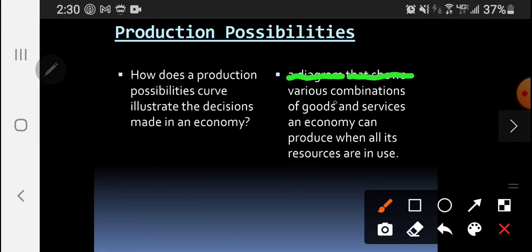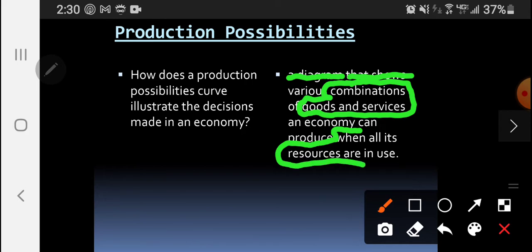What's most important here is we're dealing with the topics, the combination of goods and services, that an economy can produce when all its resources are in use. This is what I would include on the end, when all its resources are in use. Now, do I need to write those phrases out in my notes? If you get a handout on this, am I going to insist that you actually write down when all its resources are in use? Let me go back to my notepad and show you what I would write.